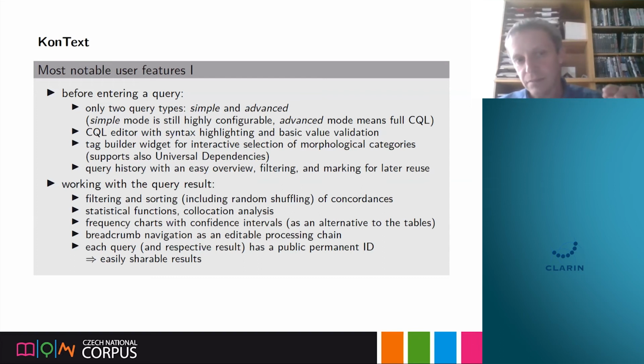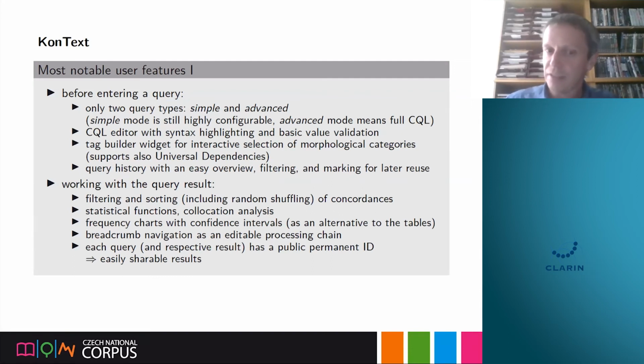And all these operations that you are doing on the set of concordances, like filtering, sorting, frequency distribution, are recorded as a sequence of operations. So when you are working with the corpus, you can see in the breadcrumb navigation that you have made 2-3 more operations with the query result, and this is editable.